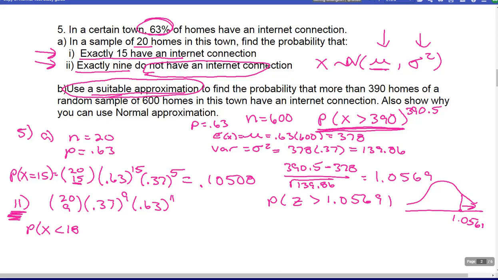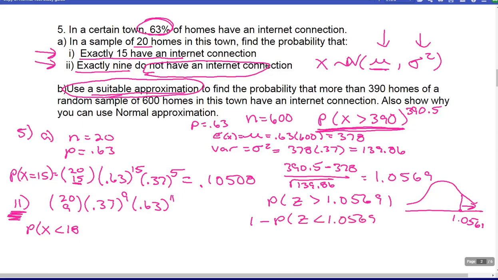Now, what can I do to make it so it's less than? You can find the probability of less than 1.0569, get that area and do 1 minus that. So I would like you to see this 1 minus the probability of z less than 1.0569.